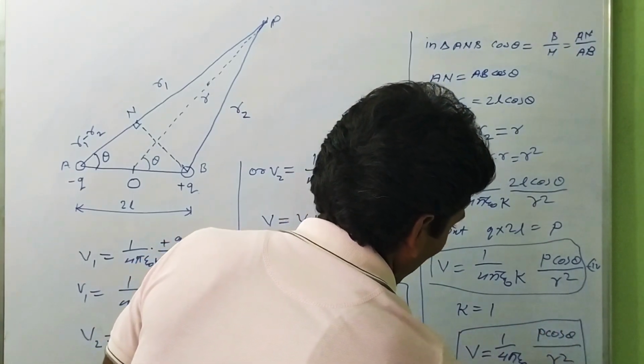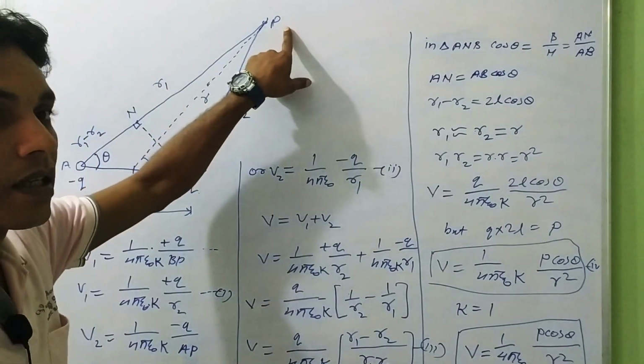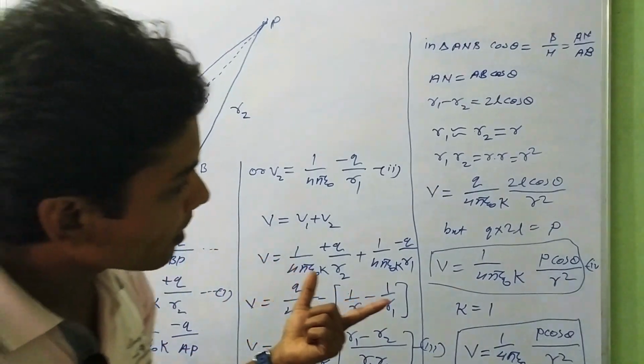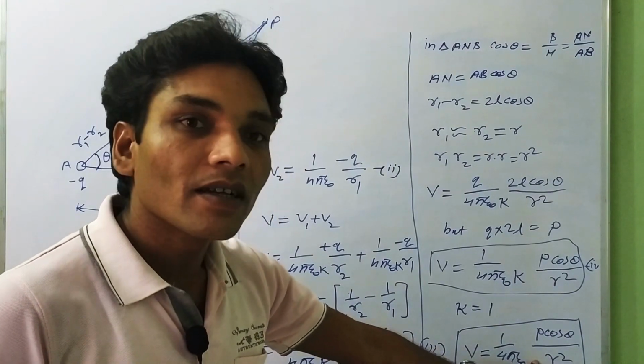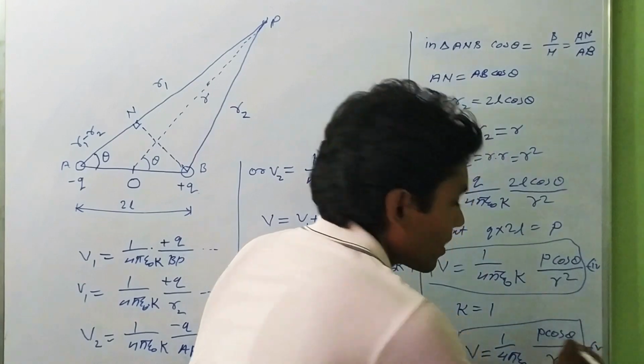This is the electric potential at this point due to this electric dipole. Now we can say something about the special cases of this fifth equation.